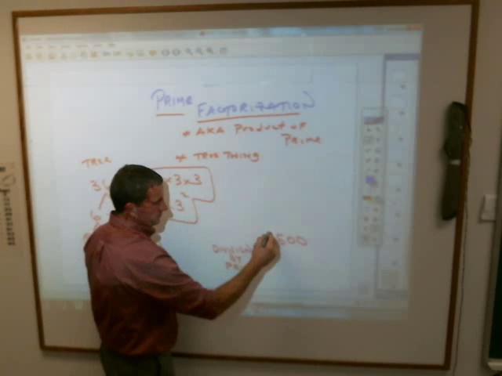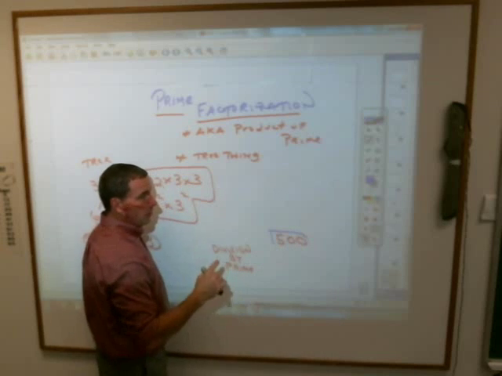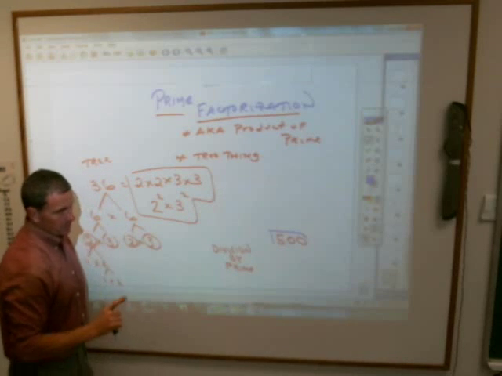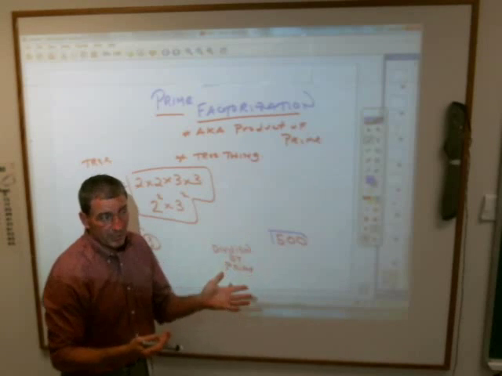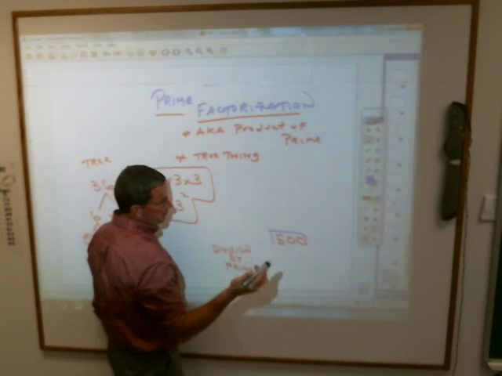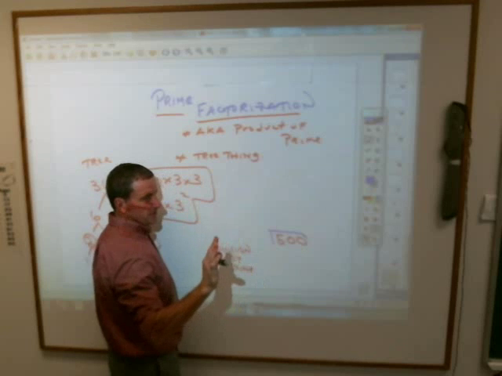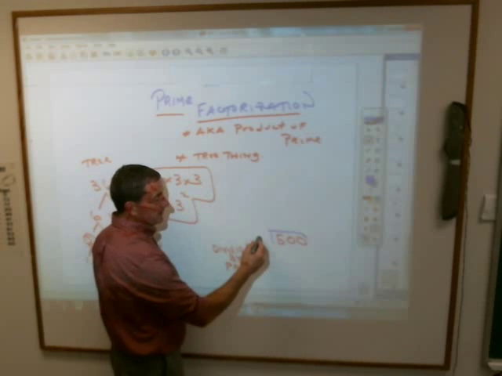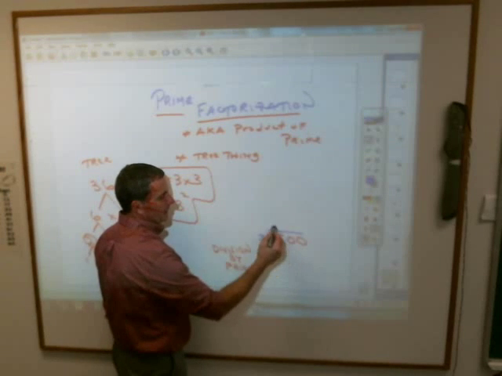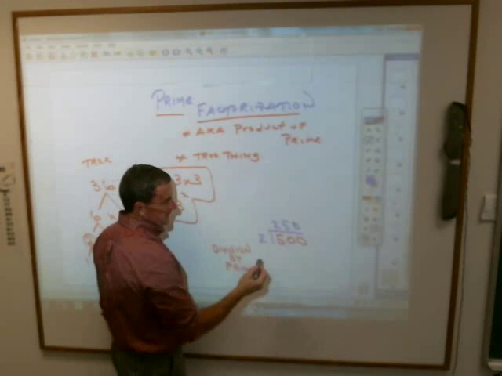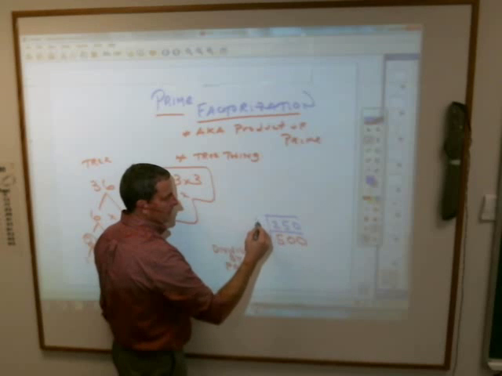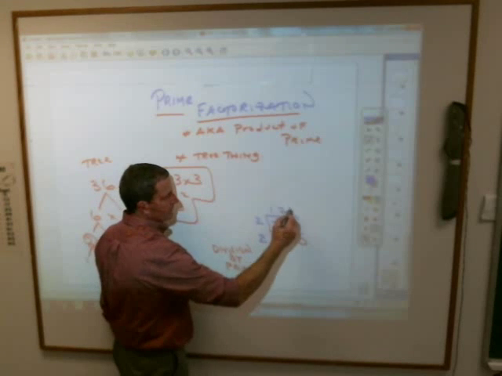You take the number, and you always divide it by a prime number. Don't divide this by 100, because 100 is not a prime number. You have to think what prime numbers go into 100. Usually, I try to go by 2s, because cutting things in half is usually pretty easy. If you divide 500 in half, you get 250. 250 is even, so I can cut it in half again and get 125.